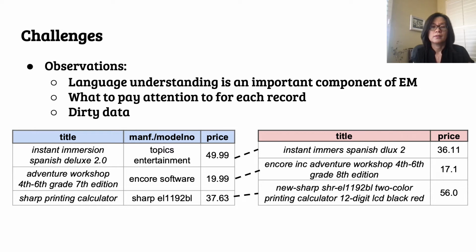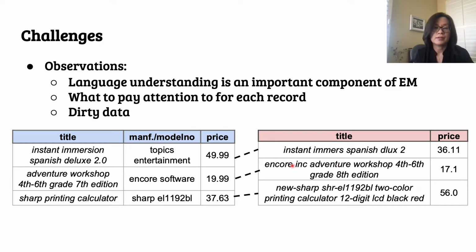First, language plays a crucial role, especially for text-heavy data. There is quite a bit of text here in the title columns of both tables. Second, knowing what to pay attention to when making matching decisions is also important. And what you pay attention to can vary from pair to pair. So there are no fixed rules at all.